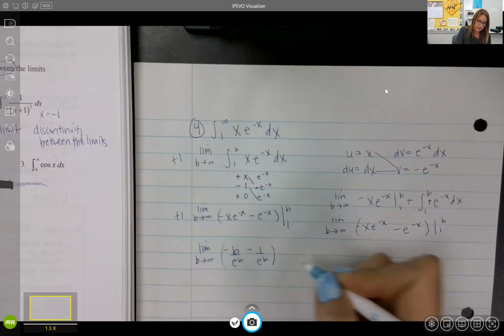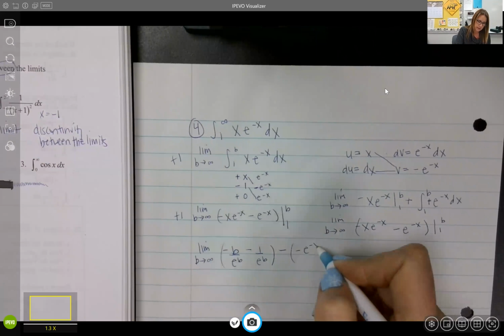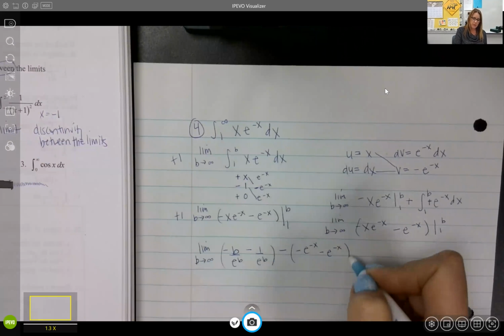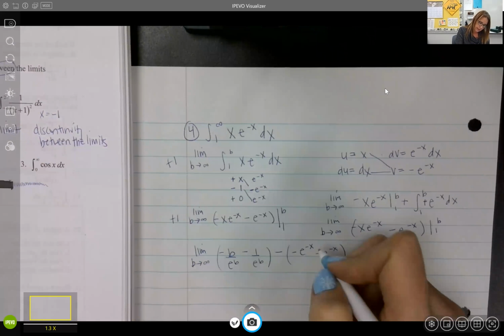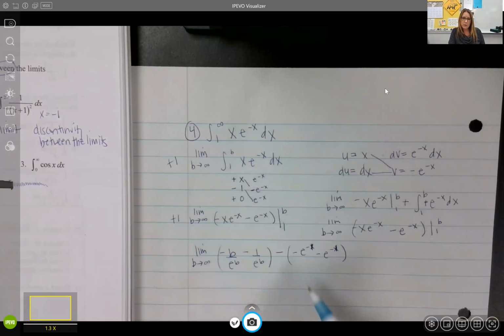Now I'm plugging in the 1. So negative e to the negative x minus e to the negative x. So I have 2 of these, and x is actually 1, right? So that's just going to be negative 1 over e minus another negative 1 over e is going to be negative 2 over e.